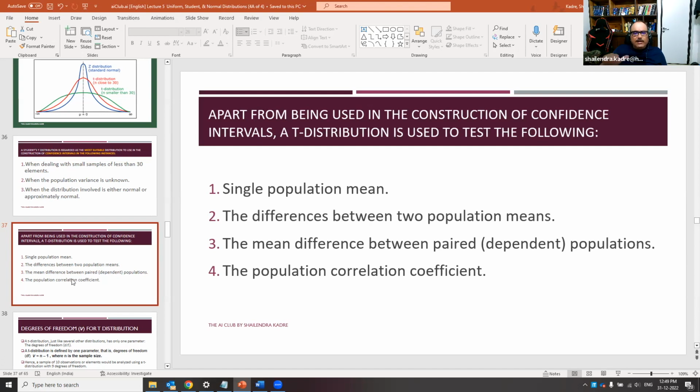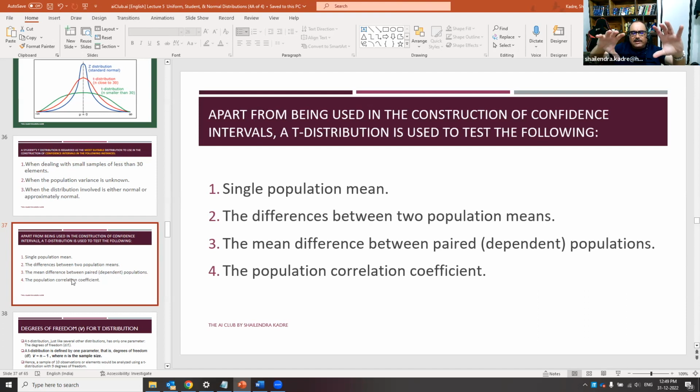Single population mean; the difference between two population means, where there are two different populations and we want to find the difference in their means, and in such a case also we apply the t distribution; the mean difference between paired populations, like if two populations are dependent somehow. First I'll take that this person is an Indian.